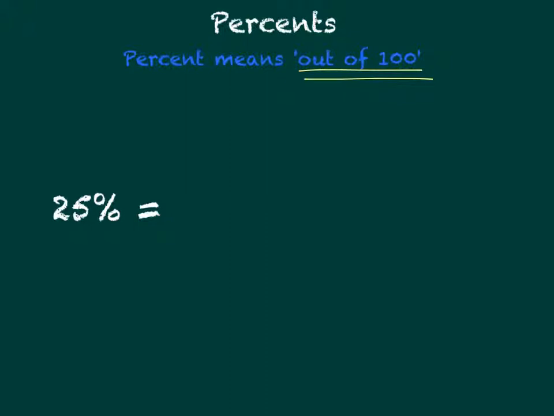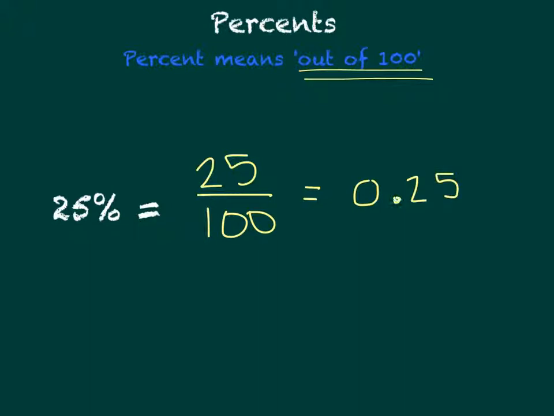So I would write 25 over 100. Easy. And there's my fraction. 25 out of 100 because percent means out of 100, which makes it really easy to turn it into a decimal because if you can read this fraction, 25 hundredths equals 25 hundredths. Perfect. And we're going to see kind of a shortcut as we go to the next one.